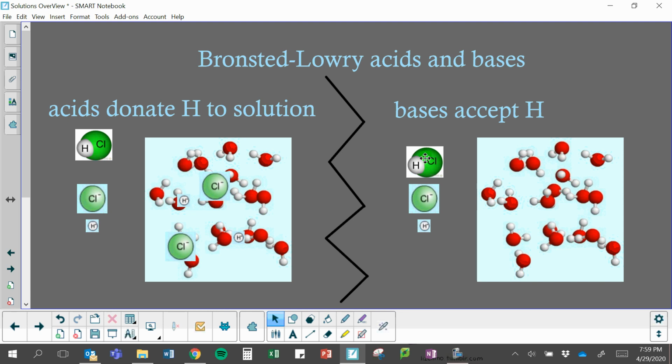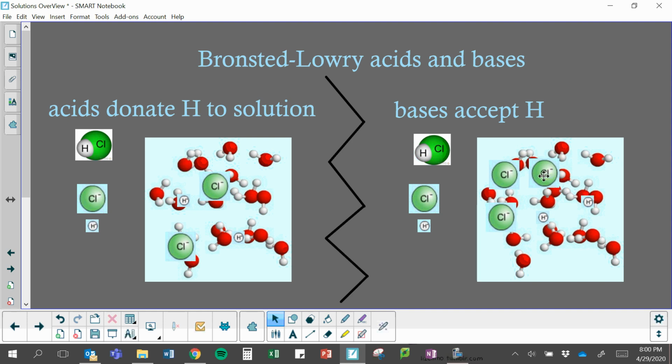So you can kind of think about this if we add hydrochloric acid and we now have chlorine ions and hydrogen ions floating around. But what if we were to add a different ion, it can then bond to the hydrogen ions that are already there.